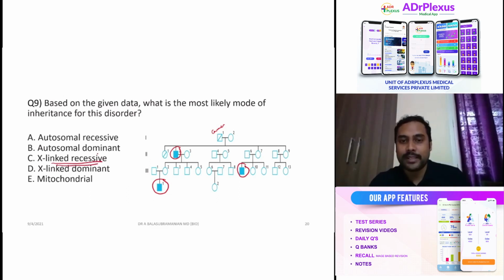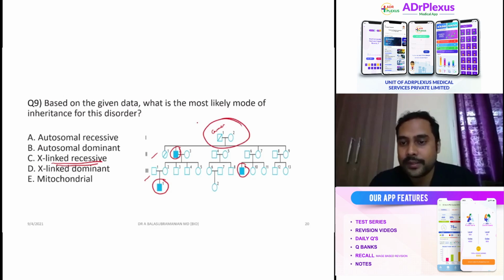Now some of you might ask, sir, you told us every generation must be affected. I mean, if in a disease every generation is affected, it is dominant. This generation is affected, this generation is affected. But what about this generation? This generation is never affected. That is why I am saying it is not dominant. It is a recessive disorder because it has skipped this generation. It is a recessive disorder because the child is born to normal parents.